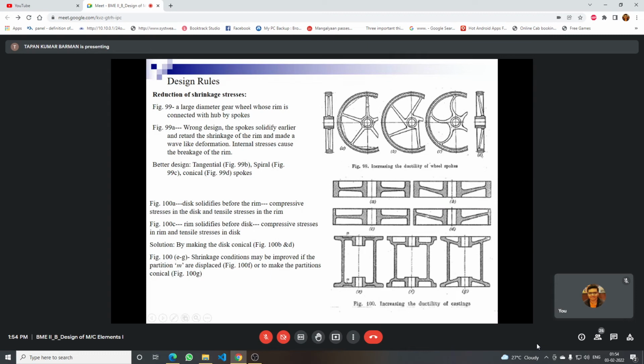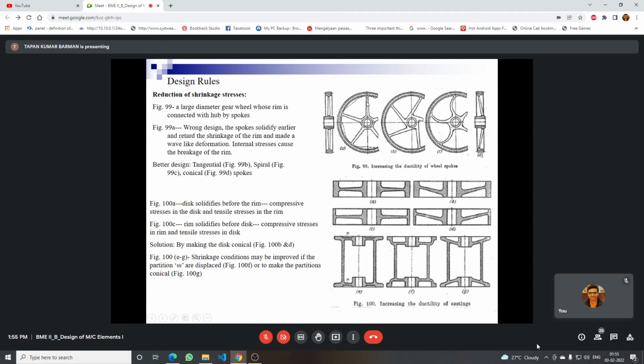But here, if this arm is a straight arm, what will happen? At this point, as a material property, the material will try to shrink, and there is a possibility that at this position there is a breakage of the arm. So I will try to modify this design to this one to avoid that.